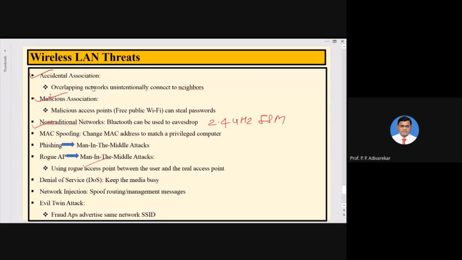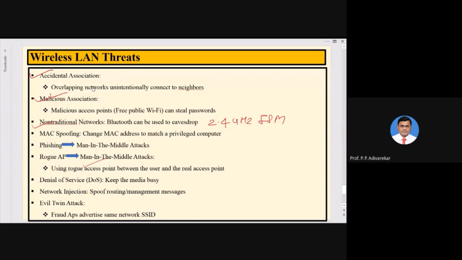So Bluetooth also falls in this category, and Wi-Fi also falls in this category. If both are using the same frequency band, it is easier to eavesdrop using Bluetooth, because the radio frequency band is the same. Now that can also be avoided using WPA.